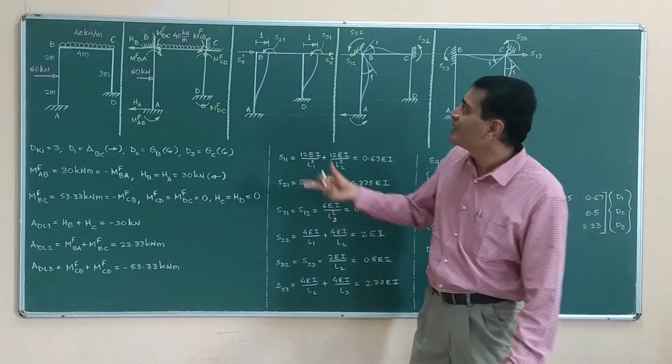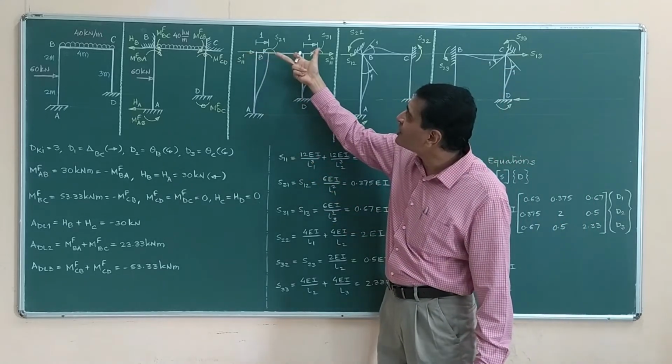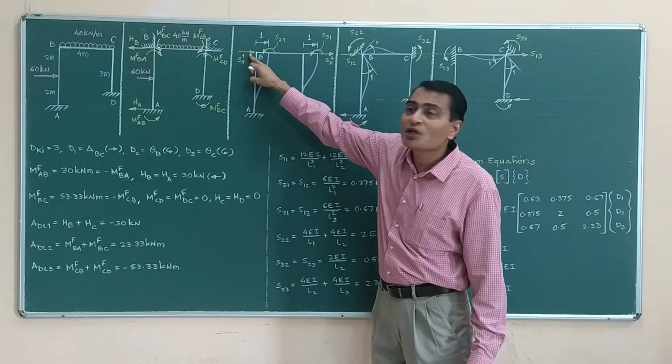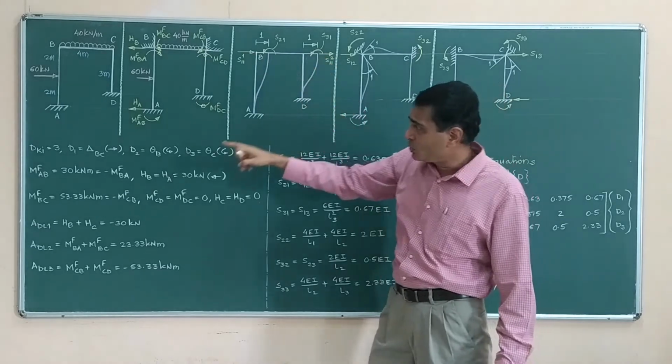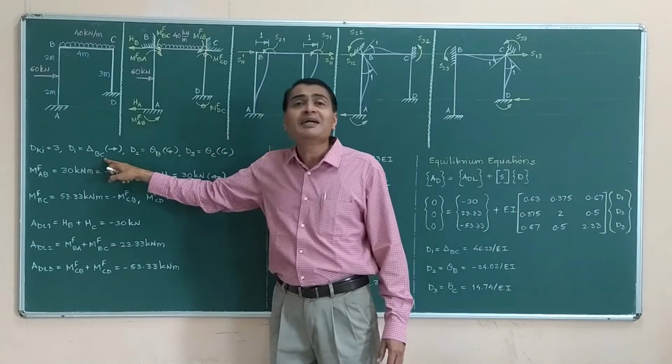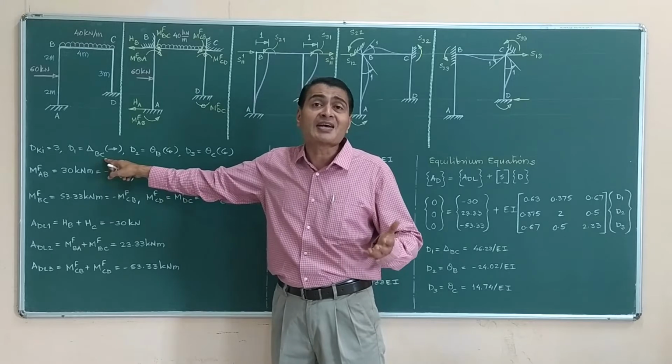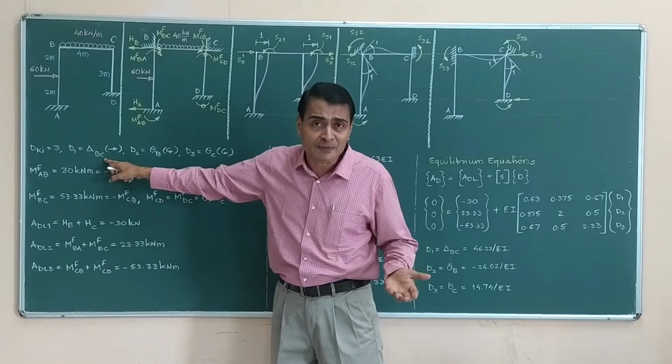So in the same way, since I am imagining unit translation, the corresponding force is generated at B end as well as C end, because if you look at our D1, it is delta BC as has been pointed out even earlier.